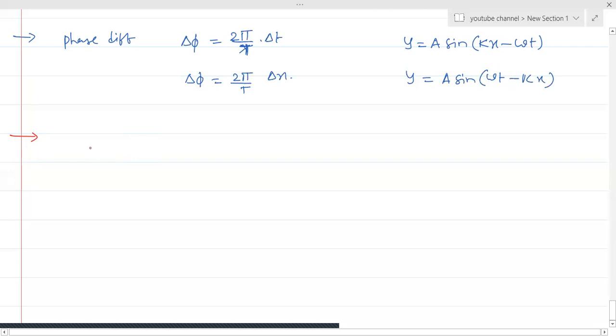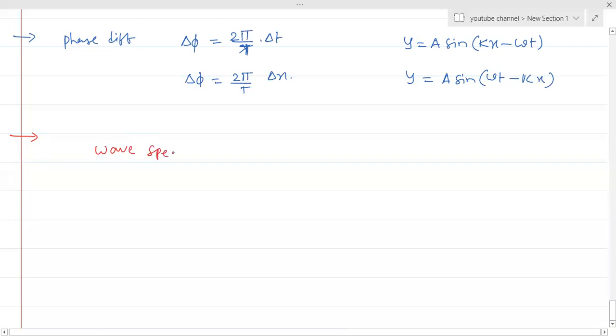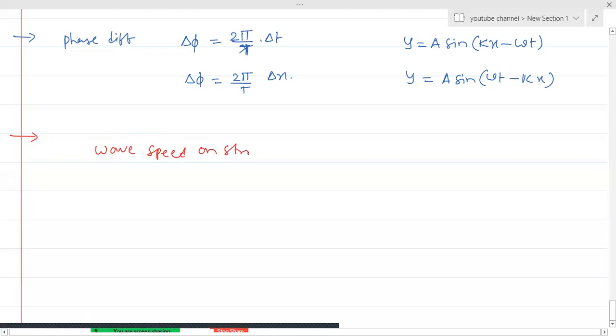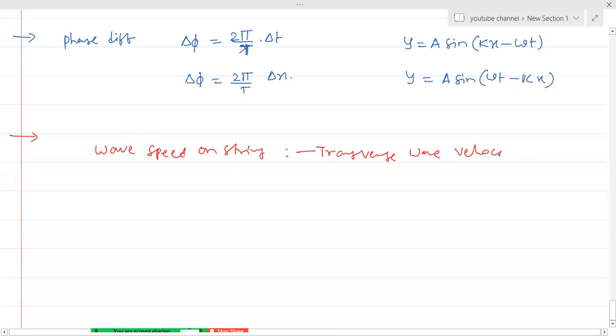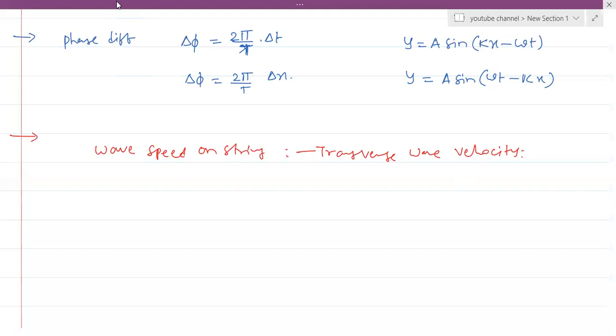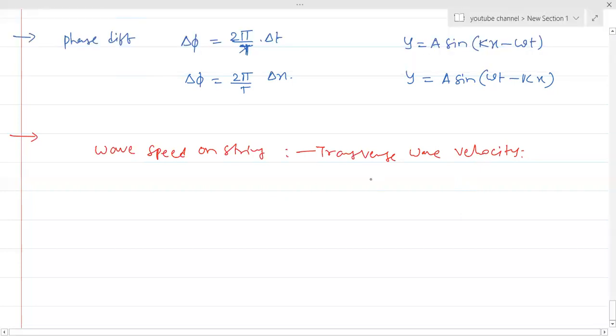After this, we will slowly begin the discussion related to the wave speed in a string. Wave speed on a string, that is transverse wave velocity. So we are going to speak about strings.